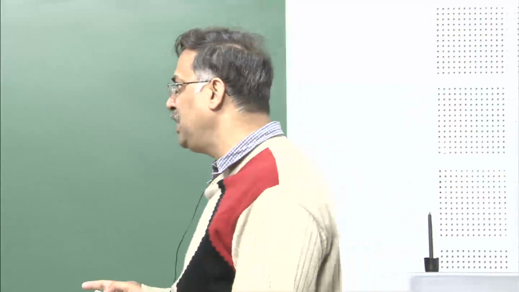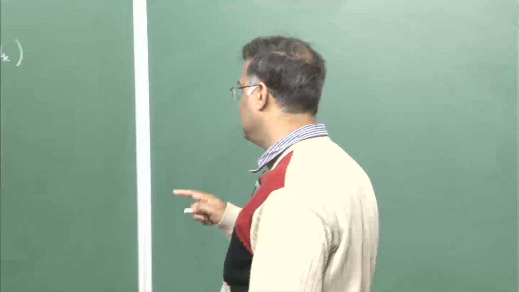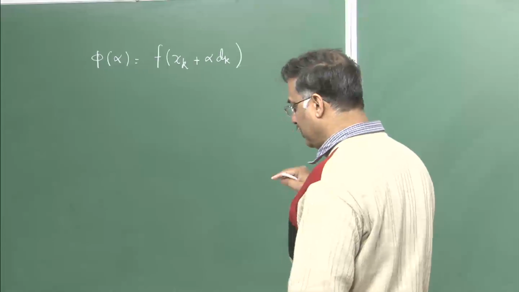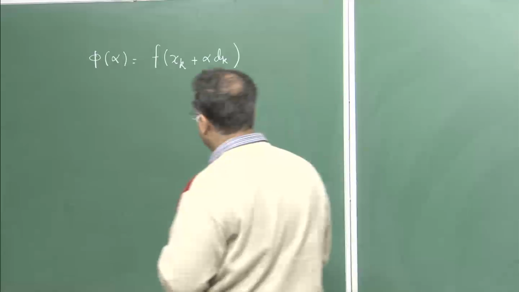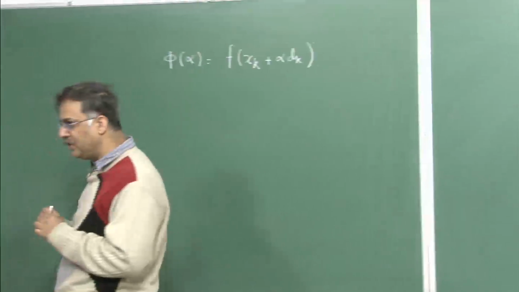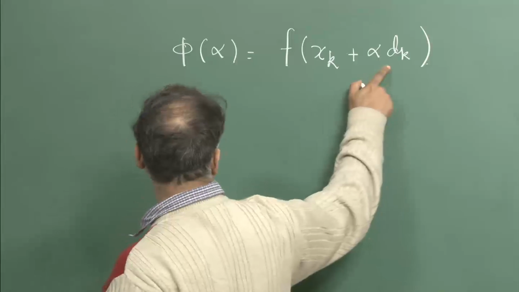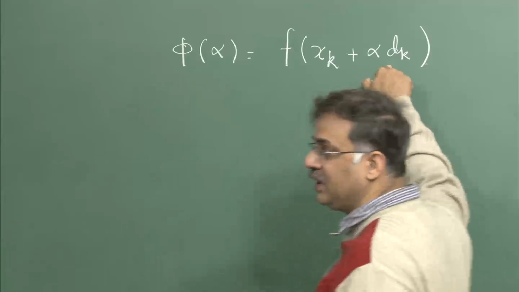Which means in the neighborhood around that point xk, there is a point where the function value is better, meaning it is lesser. In the sense that along the direction dk the function value is actually decreasing.